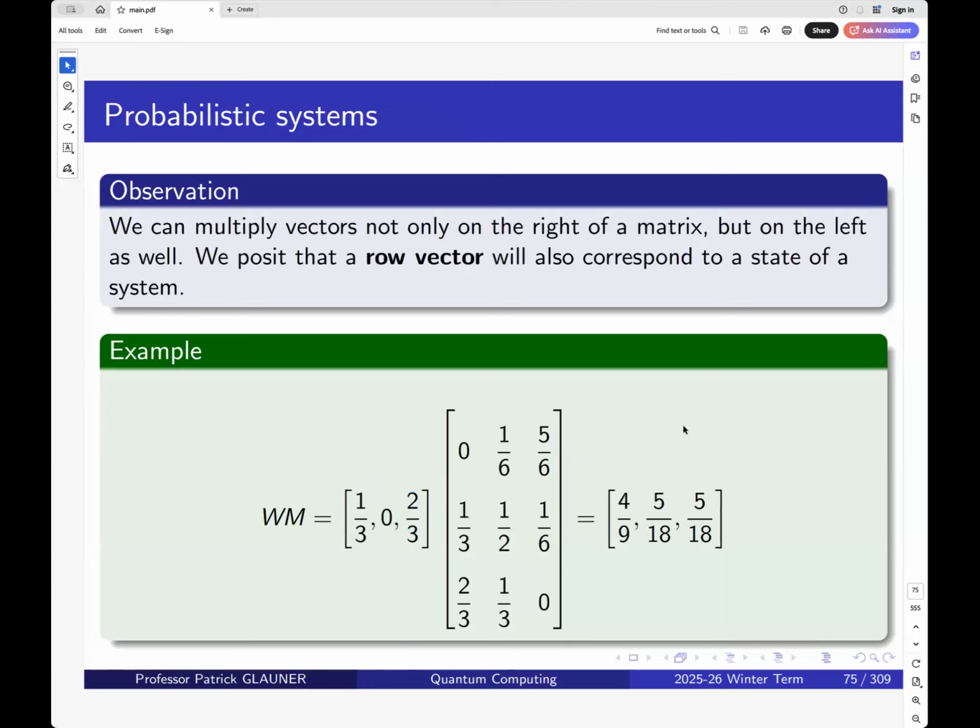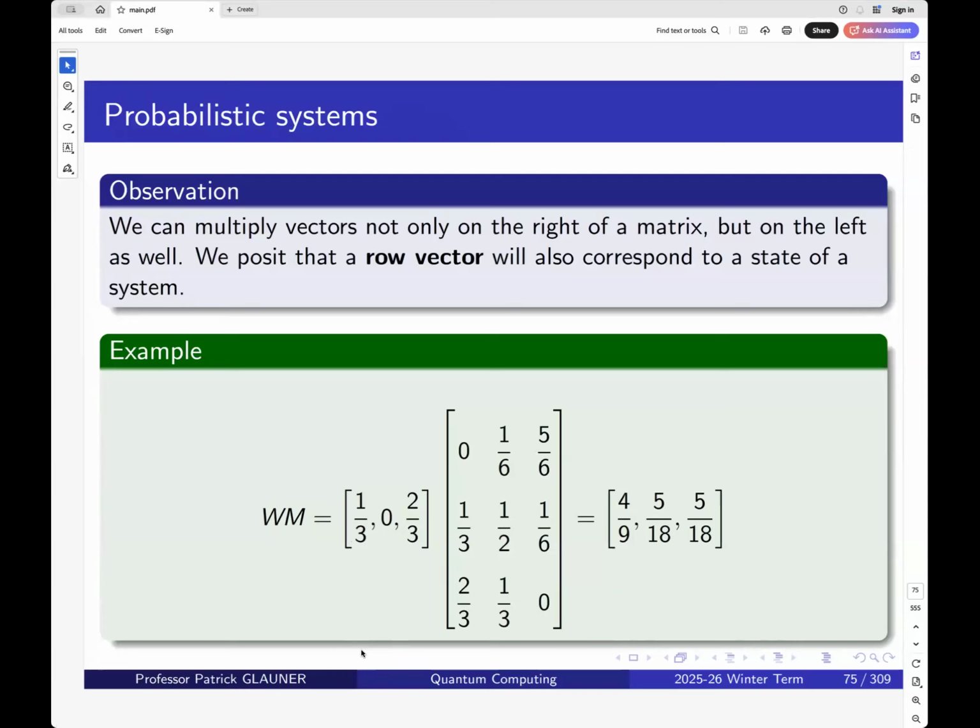You will later see this in detail when we study quantum systems. Let's revise: before, I used a column vector and multiplied it from the right. And we said this was one time click into the future, how the state evolves into a new state by doing one time click of the transitions.